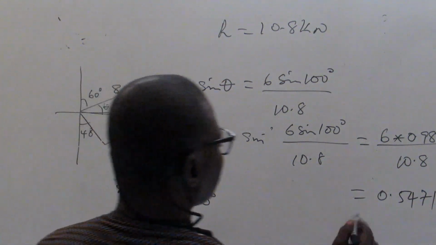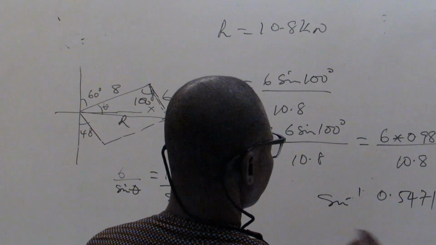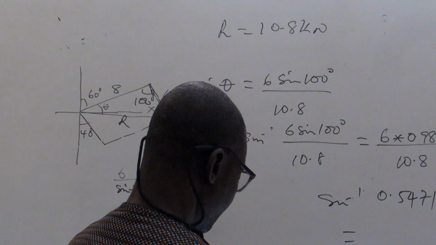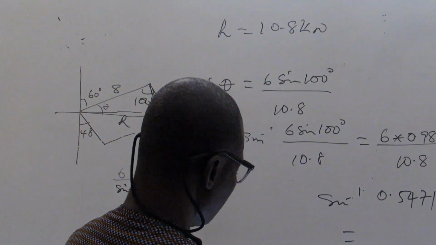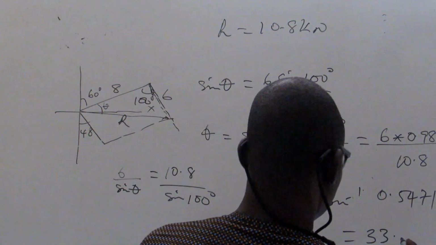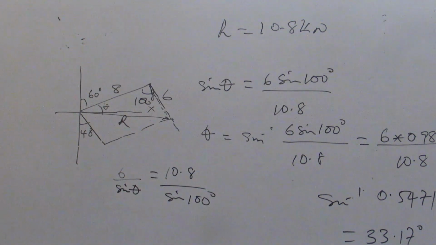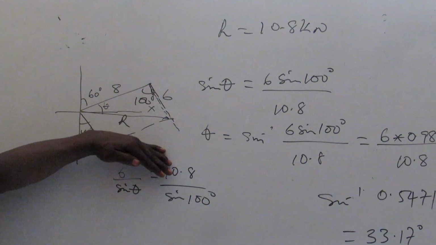Then the sine inverse of that is equal to what? It gives us 33.17 degrees. But then, which means that you see the resultant tends to come down here.